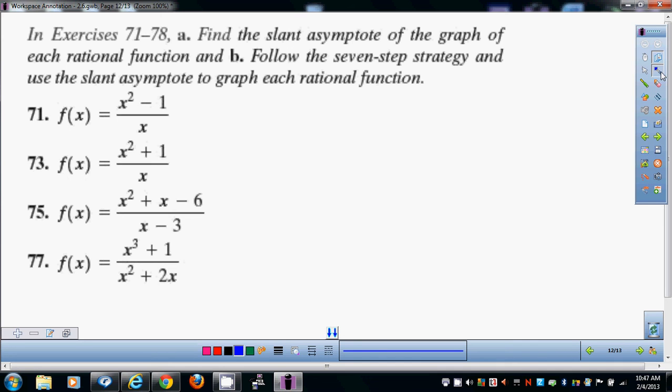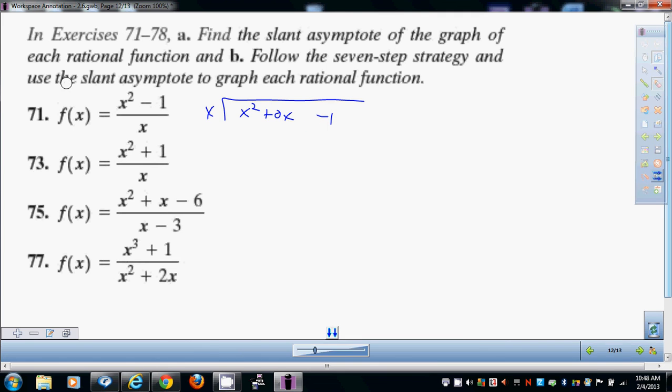So 71. Plus 0x minus 1. What's x squared divided by x? X. Multiply it back through. X squared. Subtract. That's just 0x. Now, is the negative one a remainder?